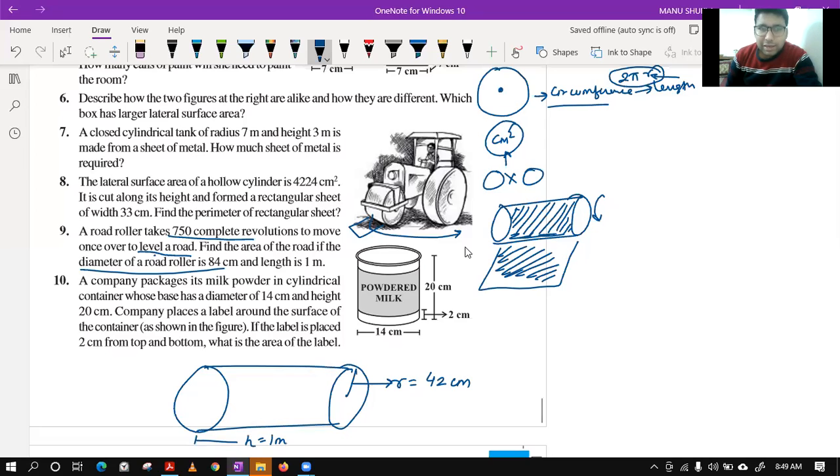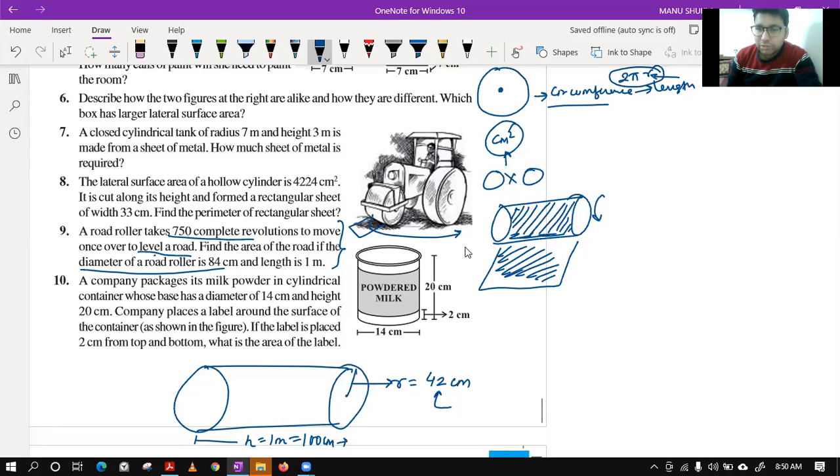So class, as there is no compulsion of meter square or centimeter square, what is easy for us, to convert this into meters or convert this into centimeters? I will go for this one. 1 meter equals 100 centimeters. So this is the dimension of the given wheel.